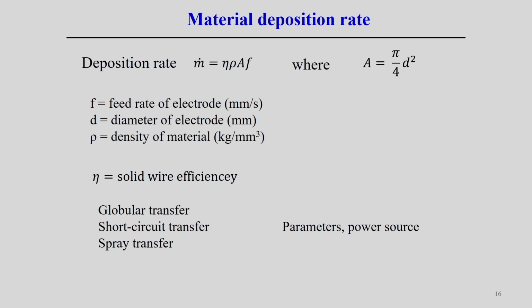We assume this feed rate is continuous, and that particular phenomenon we try to capture to develop the model in terms of the temperature distribution and the flow field associated with the metallic component, within the arc also, and even the shielding gas flow field is possible to estimate using the modeling approach.